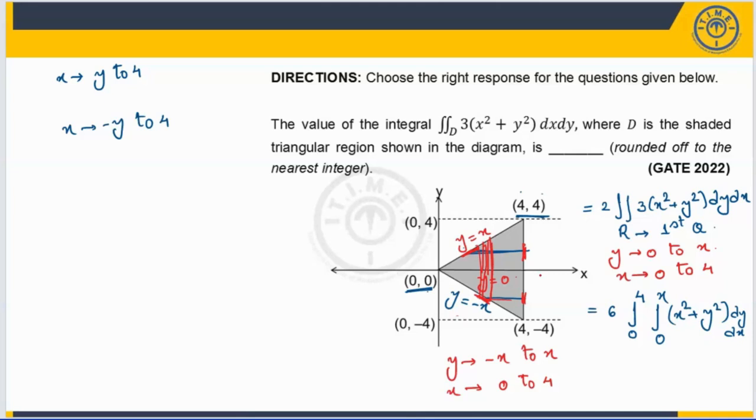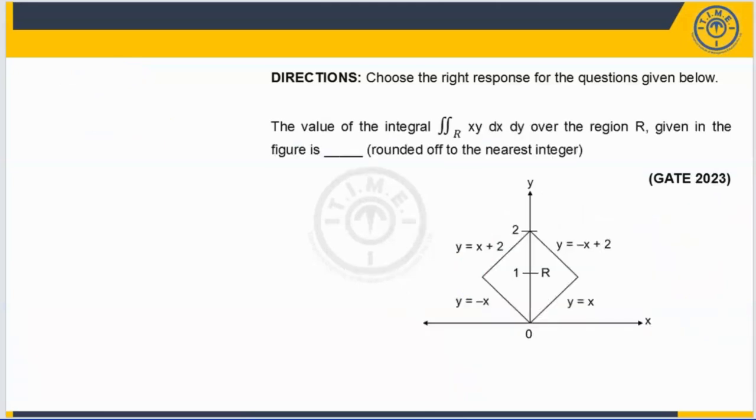So I'll go with the vertical. If we talk about this region, and I'm taking the vertical strip over here, y is varying from negative x to x plus 2.